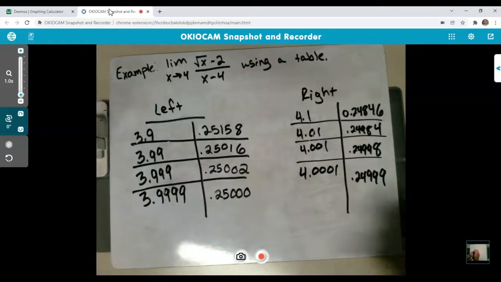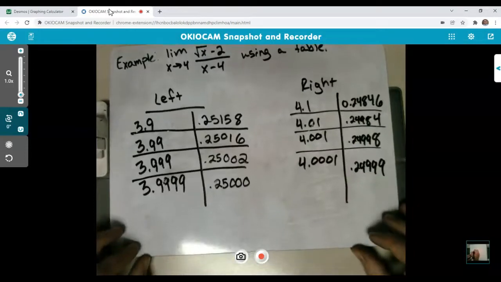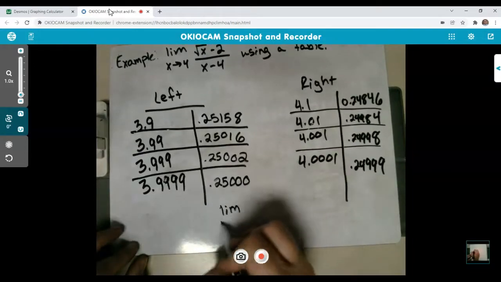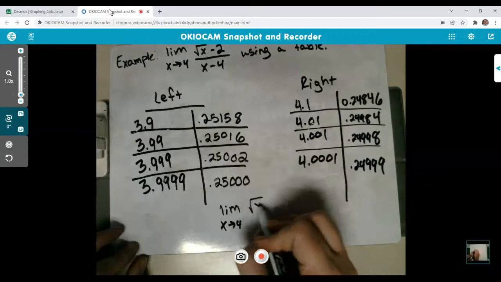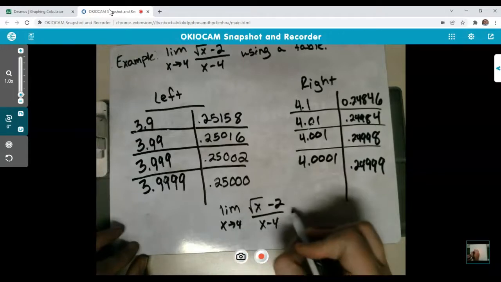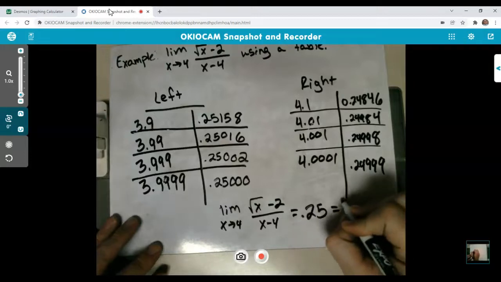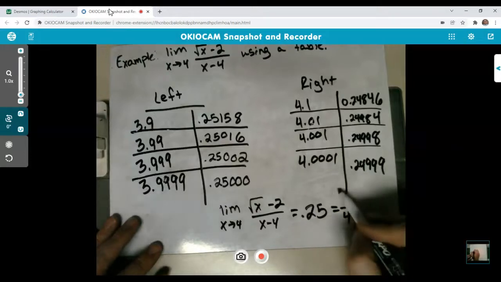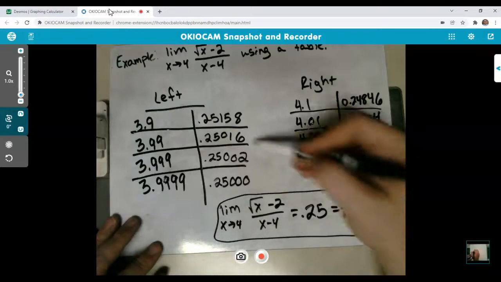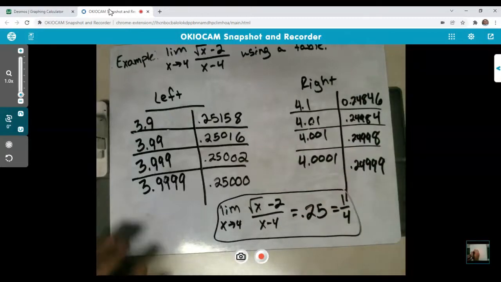Basically, as I can see right here, as I get really close to the number 4, I can examine that the limit as x approaches 4 of square root of x minus 2 over x minus 4 is getting really close to 0.25. Or if you would rather write it as 1/4, that works too.